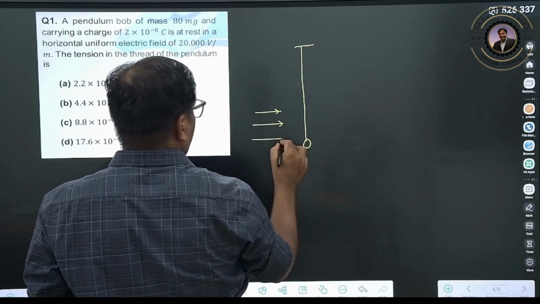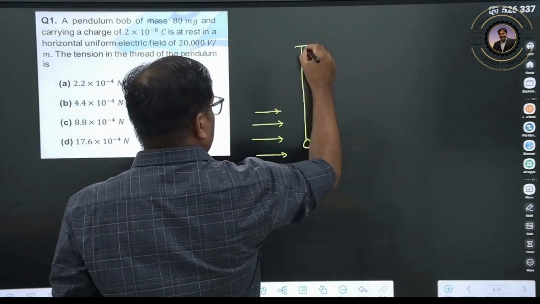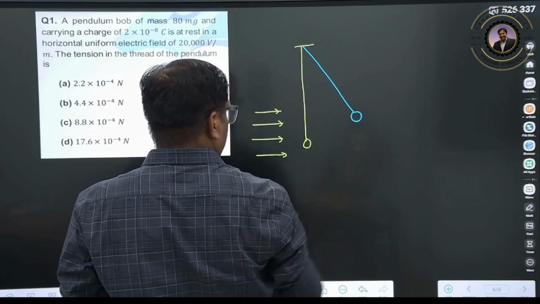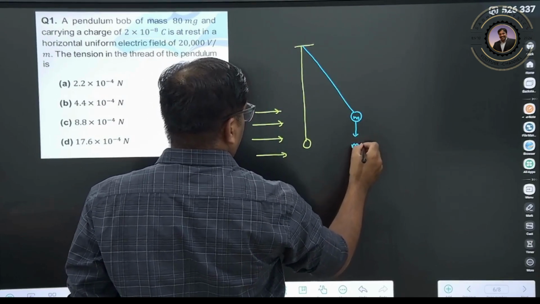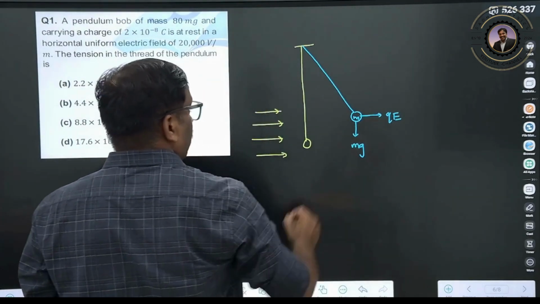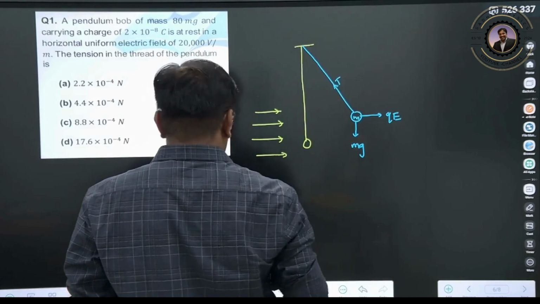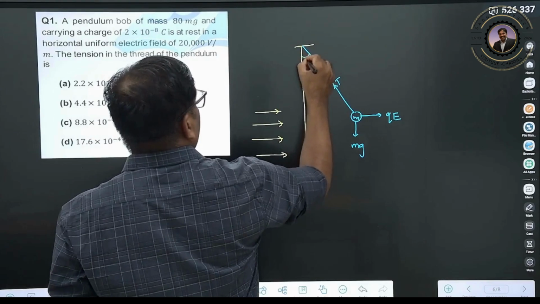We are going to give some amount of electric field here. So this pendulum will go to here. Having mass m, downward it will be mg and this side it is qE, the electric field force, and then the tension. We want to calculate the tension, making an angle theta here.